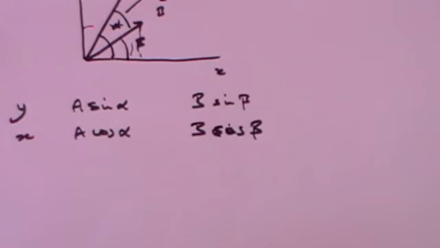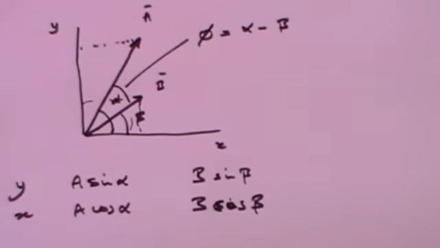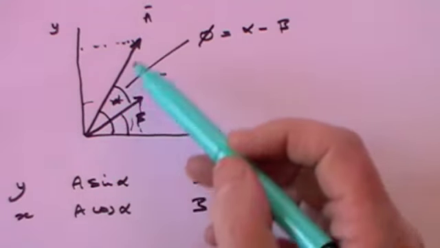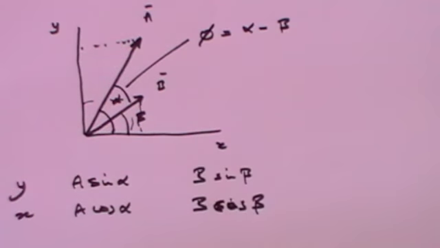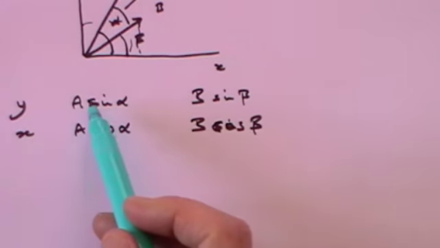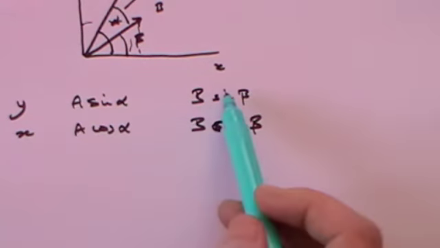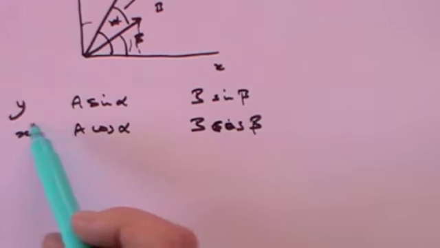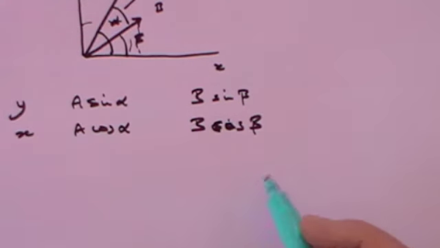Okay, so what is the resultant? When we combine these two forces together, what will we get? Well, we get a result where the components in the y direction add up and the components in the x direction add up.